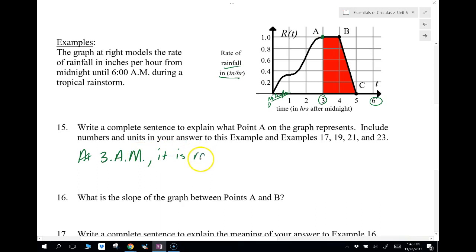It is raining at a rate of 1 inch per hour. Okay, so again, the point is the actual rate.